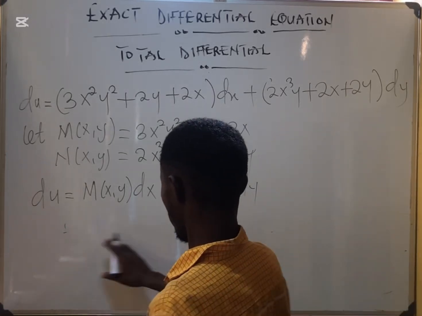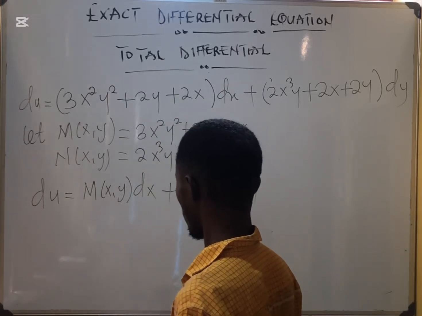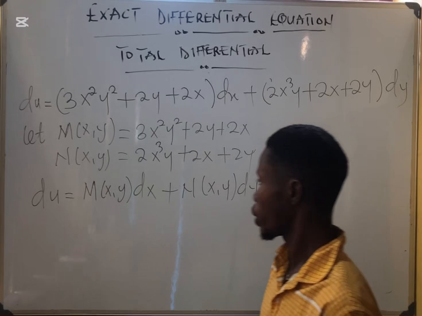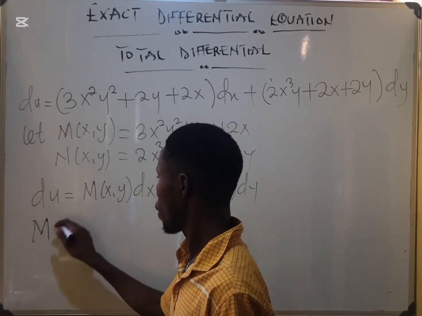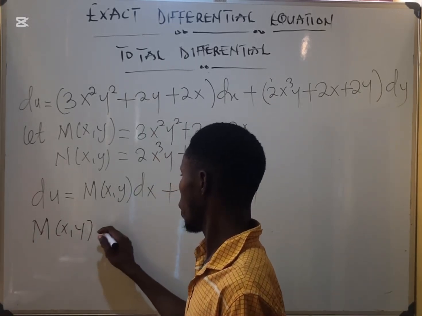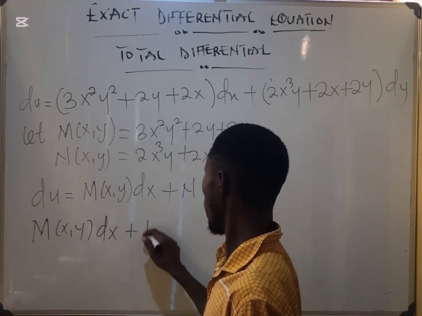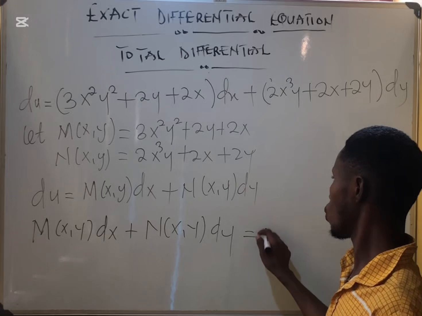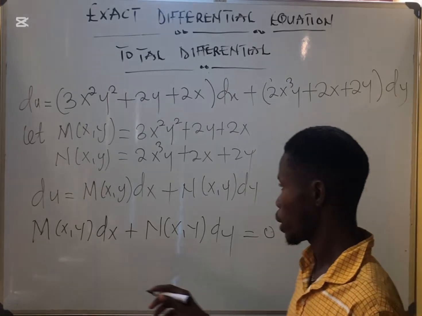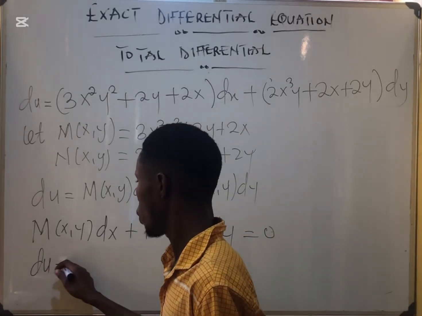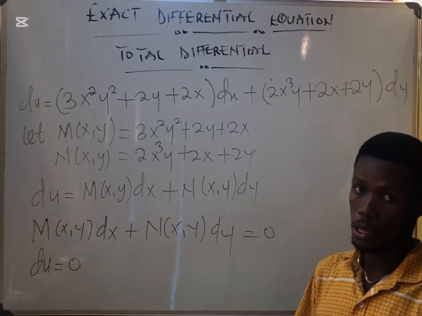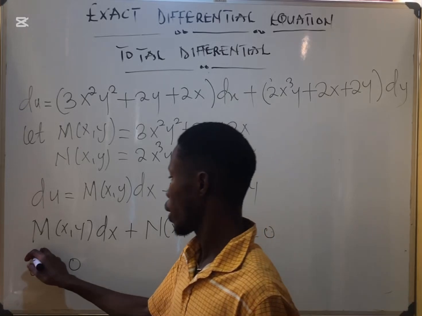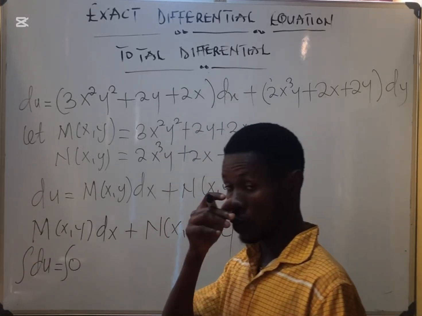Now if it's m in terms of x, y dx plus n in terms of x, y dy equal to 0, then you can say that du is equal to 0. Is it right? Yes. So now let's take the integral of both sides.